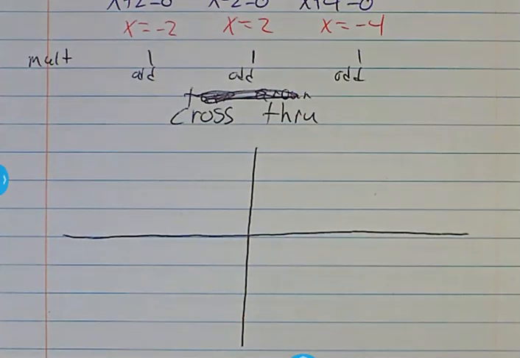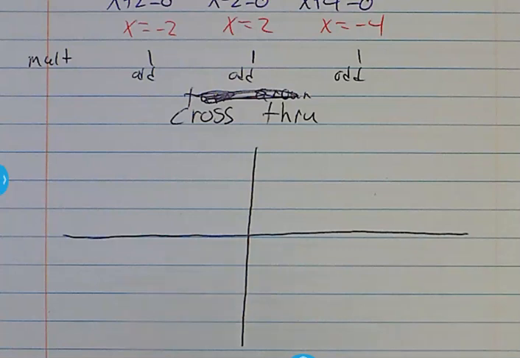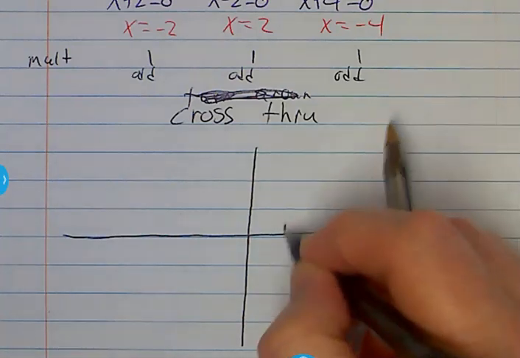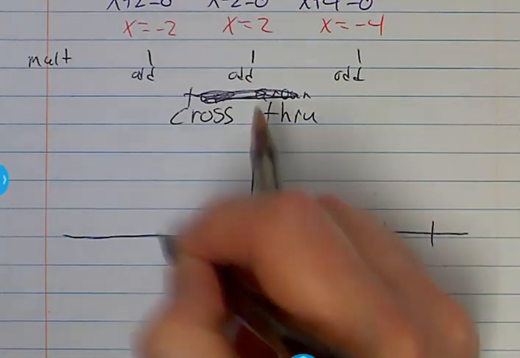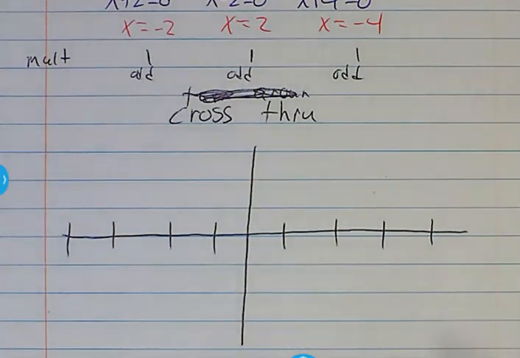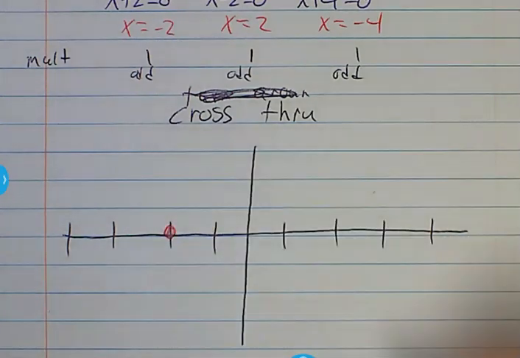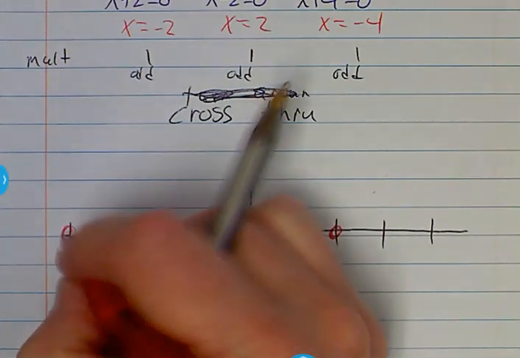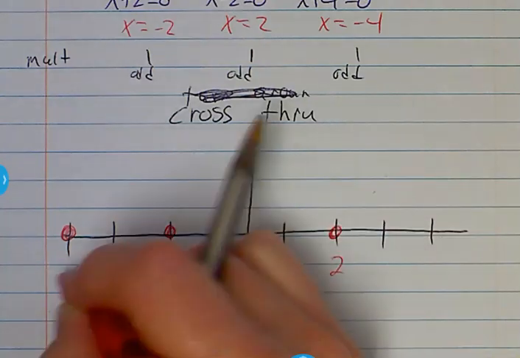Okay, so there's our solutions, there's our multiplicity, and there's what each one of those things is going to be. Okay, so we got negative 2, we've got a positive 2, and a negative 4. Okay, so there's our 3.